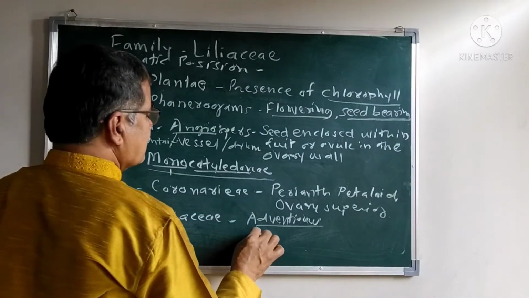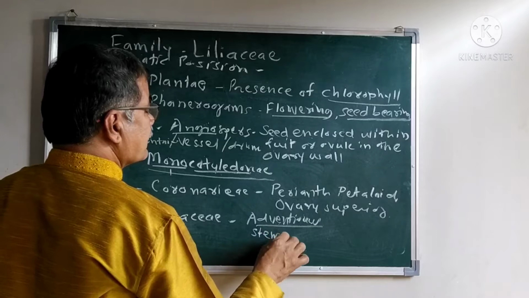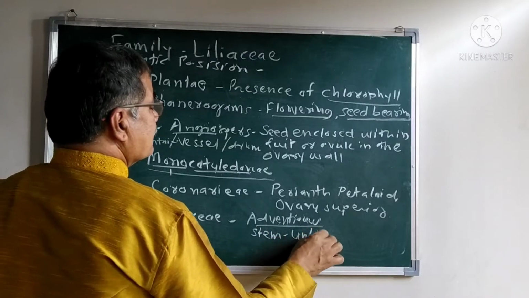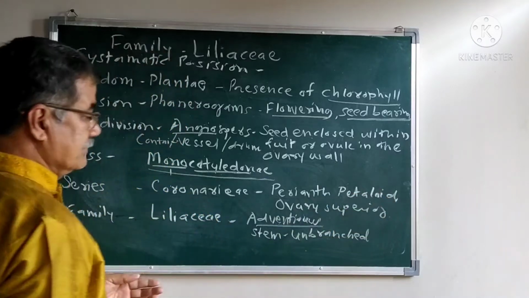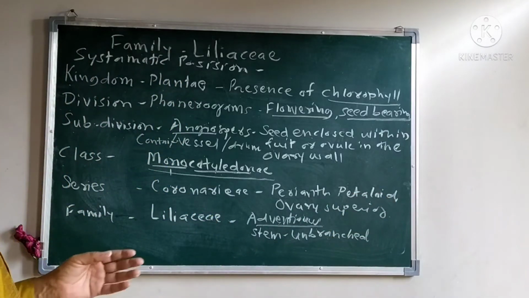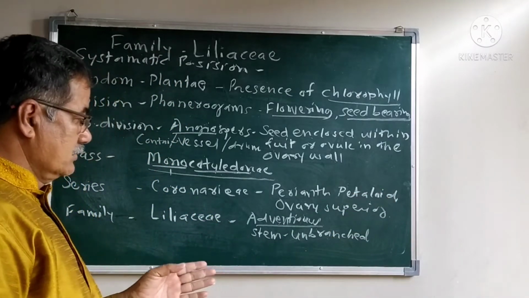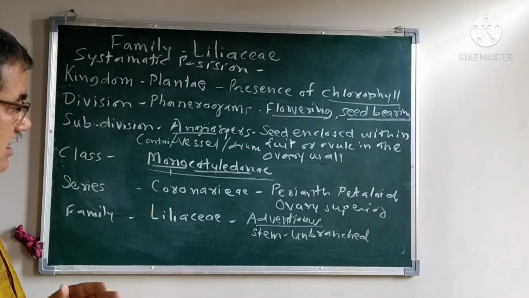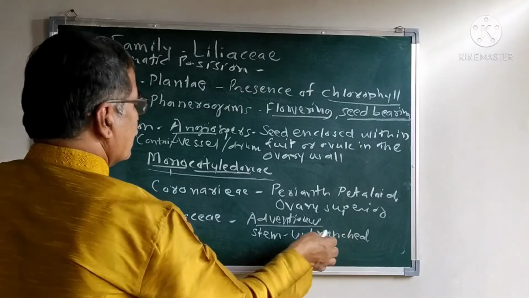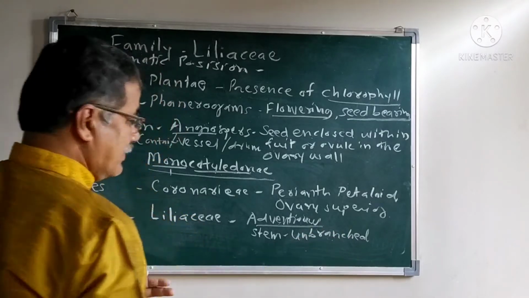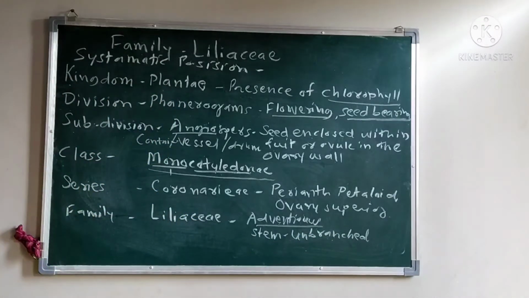The stem is unbranched. We are familiar with coconut, pandanus, then grass, jowar, bajra, nachni, maize, and sugarcane. In these plants, the stem is always unbranched.